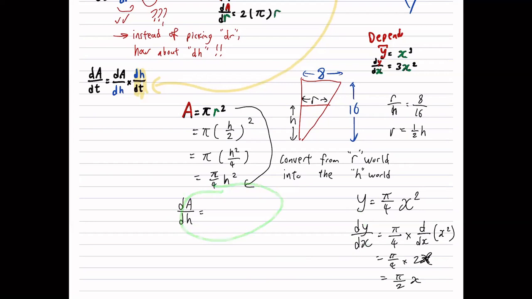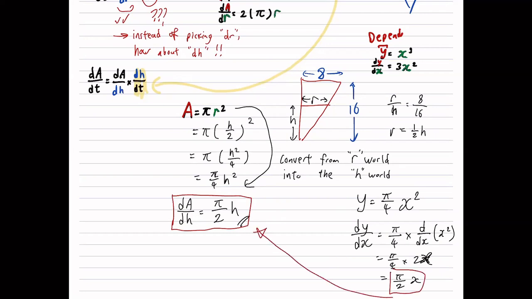Okay, sub in later, last step. Pi over 2 h. Yes, correct. Oh, did you say that already? I didn't catch that, sorry. No, I didn't say that. Yeah, it's the same.